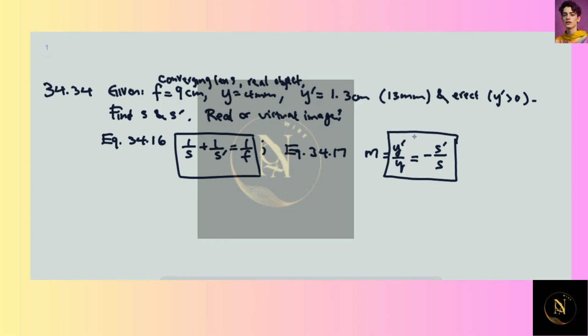So from this equation, I have that S prime is equal to minus y prime over y times S.